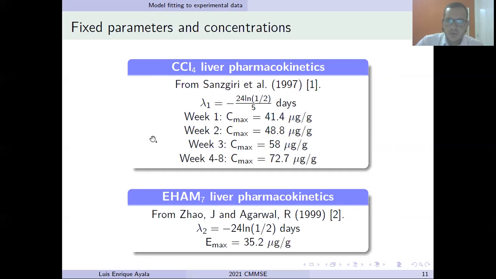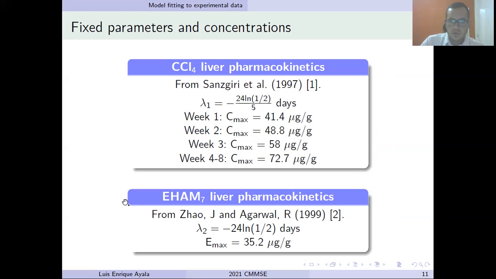Here I show you the liver pharmacokinetics for carbon tetrachloride. From this study, we can assign these values to lambda 1 and the concentration in the liver.